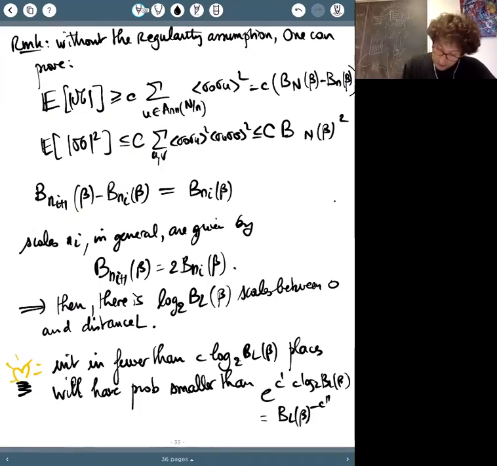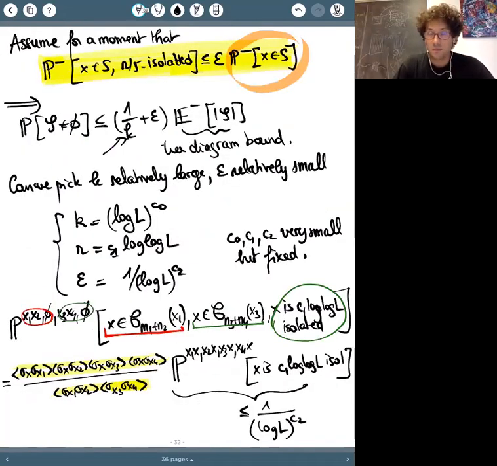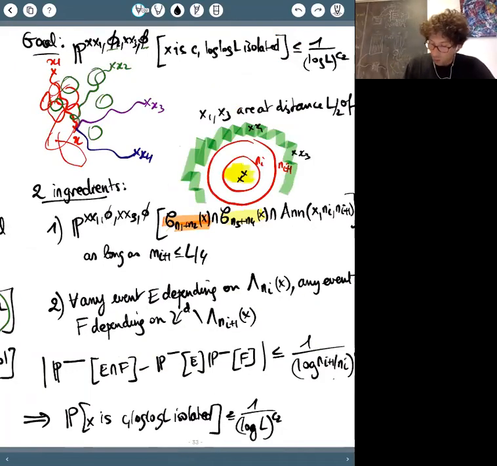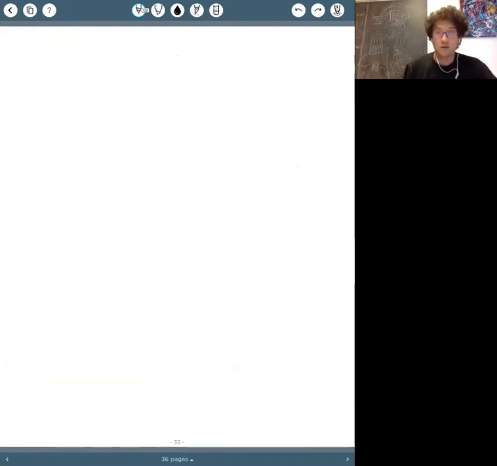And of course, if this is R, then K was 2 to the R. So it also means that in our argument here, this will also be an inverse power of B_L. Okay? So this is just to try to make you understand why you get the bubble diagram to some power. Do you want more explanations on that, or was it sufficiently clear? I mean, clear is maybe a big word, but okay.